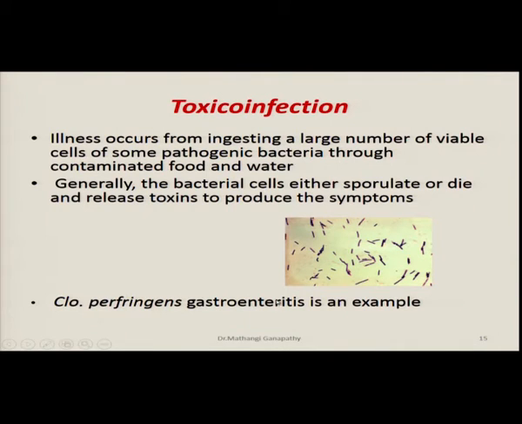So once you consume this large amount of bacteria, they would either be spore formers or once inside the gut they will die. But during this process they will secrete toxins. Since the initial consumed load of organisms itself is very high, the toxins produced are also going to be equally high in amount, creating an adverse reaction inside the person who consumed them. Typical example is Clostridium perfringens gastroenteritis.